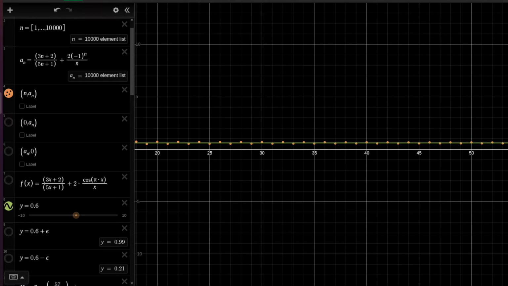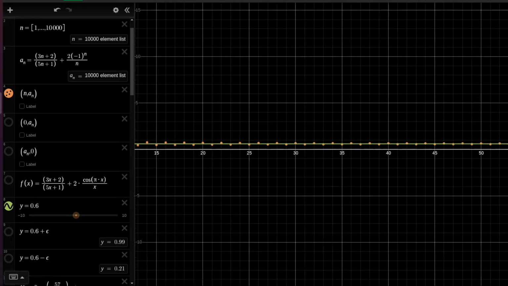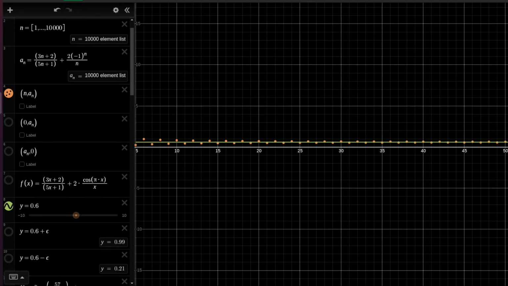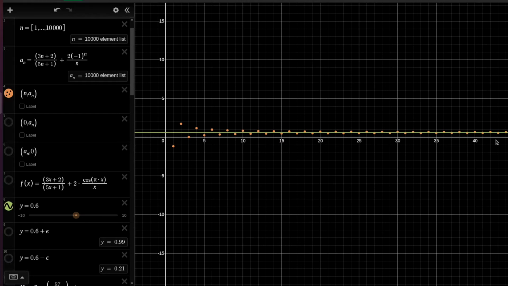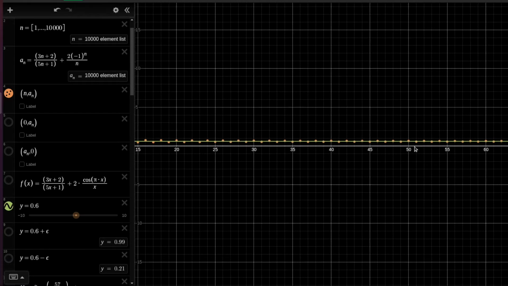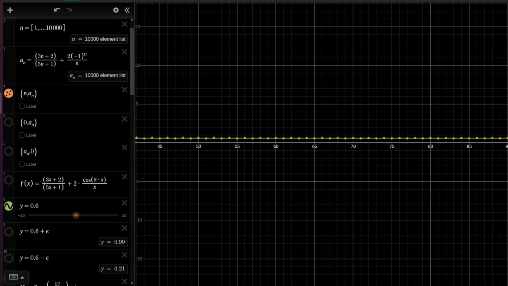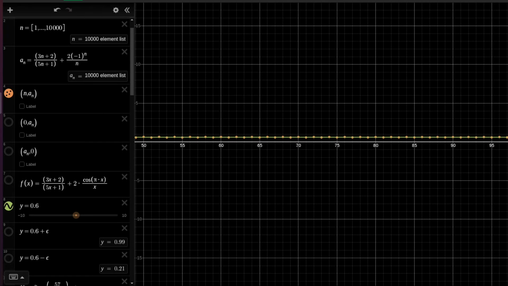So we'll have to define this rigorously. This will be the main focus of this lecture, to rigorously define what it means for a sequence to have a limit and what it means to converge. So we see that the farther we go, the closer the elements of the sequence become to its limit. It's something that we'll have to prove, that 0.6 is actually the limit of the sequence.